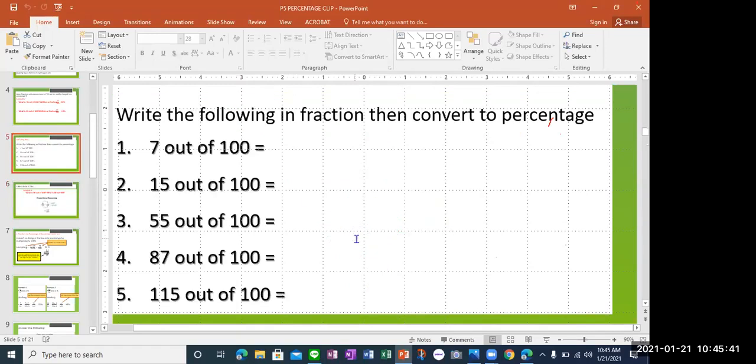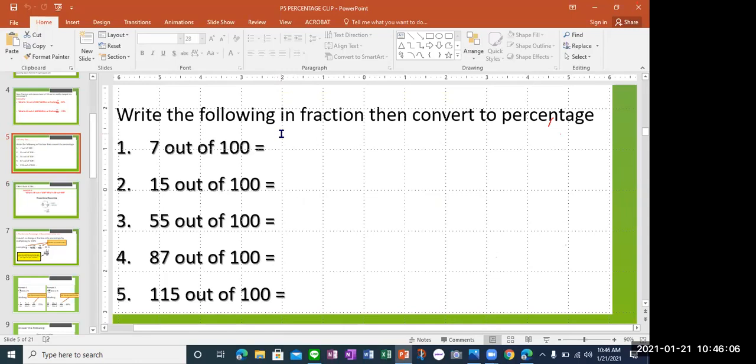So is everybody finished? Number 1, teacher, is 7. Yes, the answer is 7, that is 7%. Number 2, what is the answer in number 2?